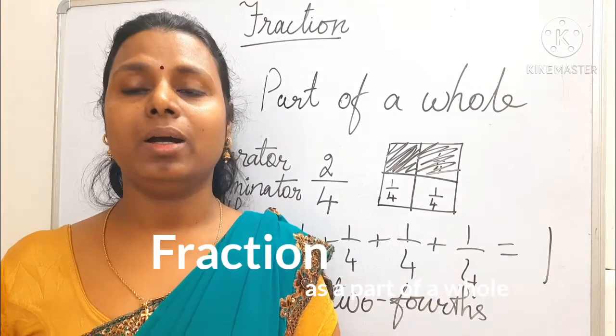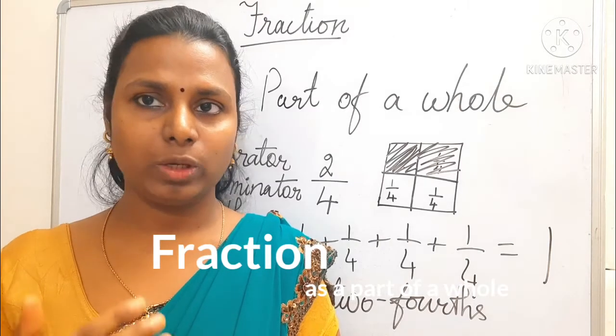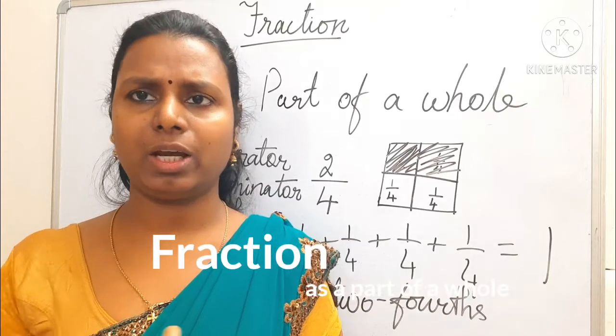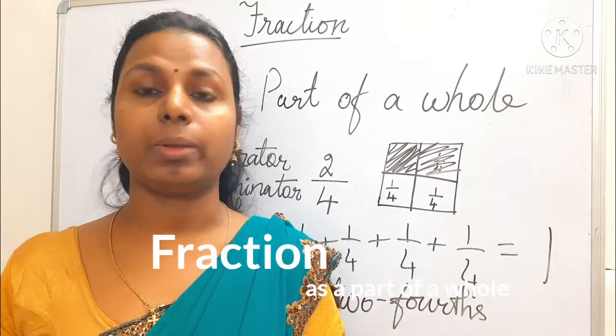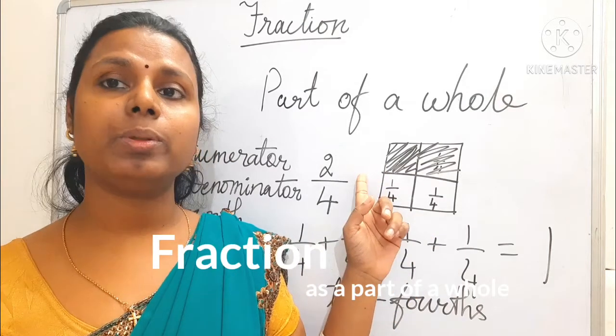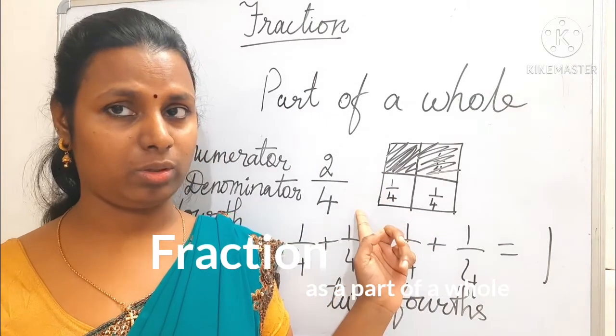Usually in counting we have 1 number, according to places we have many digits. But in a fraction we have 2 numbers, on the top and down.